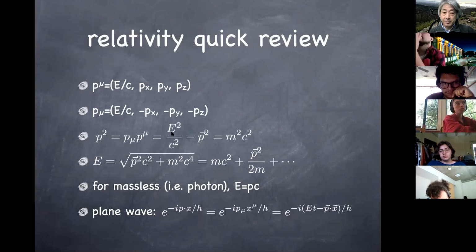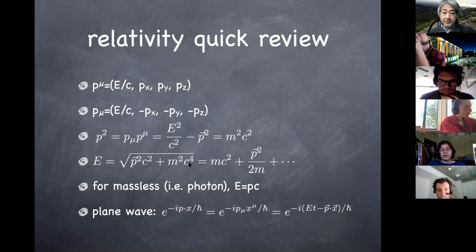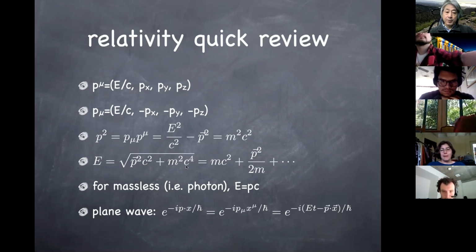When the particle is at rest, momentum vanishes, energy is mc squared, and that gives you m squared c squared. When the particle is moving, the energy has 2 components, the rest energy of mc squared and kinetic energy. So the total energy turns out to be given by this combination, p squared c squared plus m squared c to the 4th.